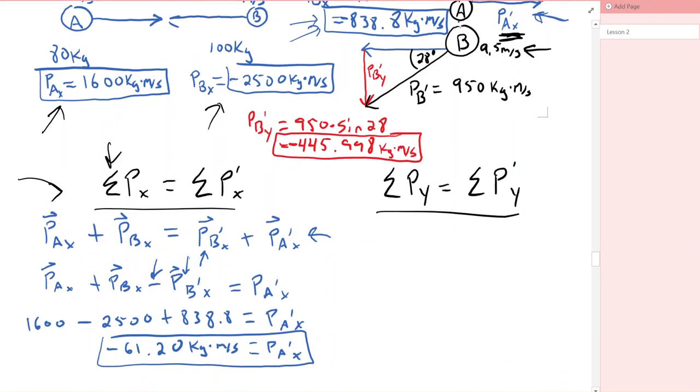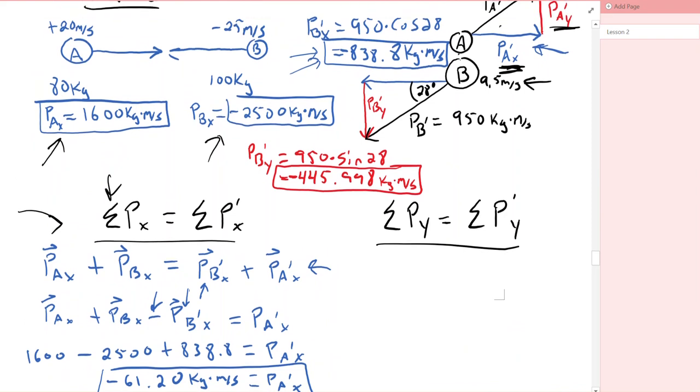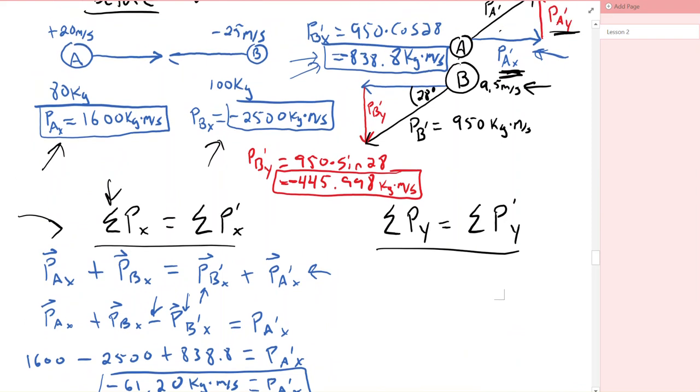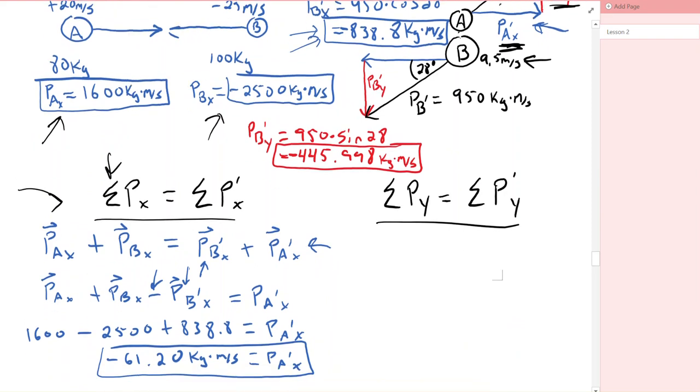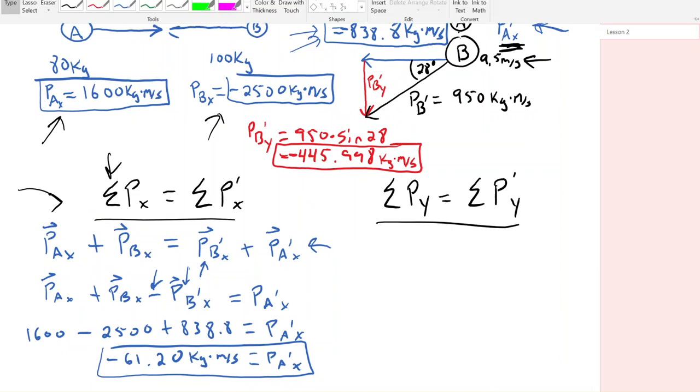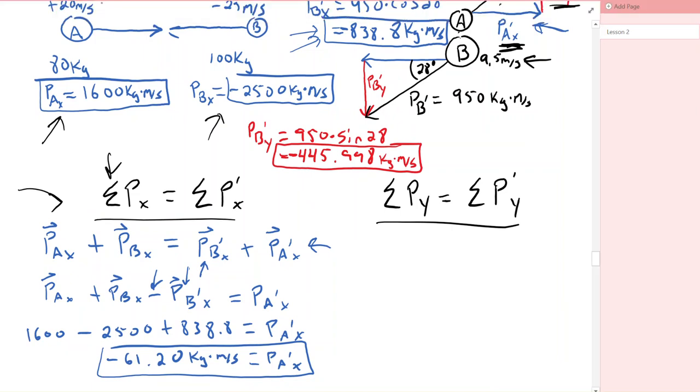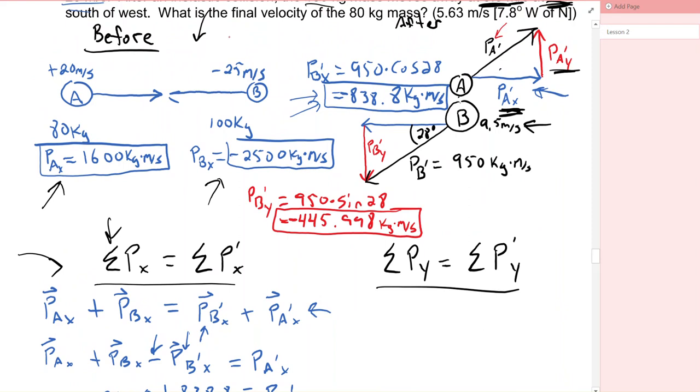So now let's find our y. It would be the exact same thing, just a lot easier because we don't have near as much stuff. So momentum in the y before, well, there was no momentum in the y to begin with, right? It was all in the x.